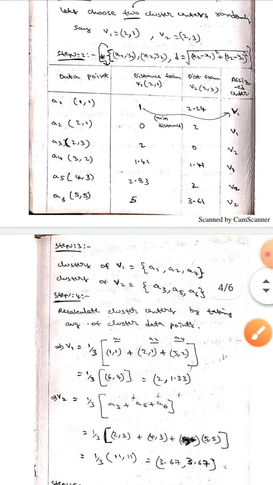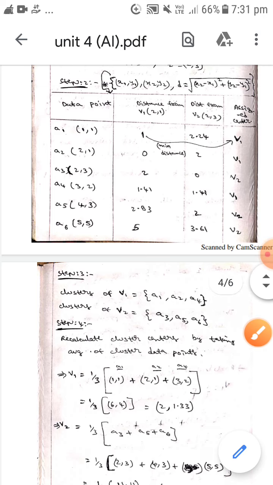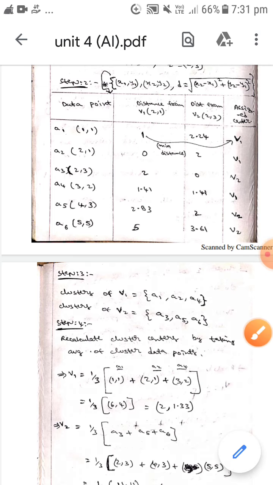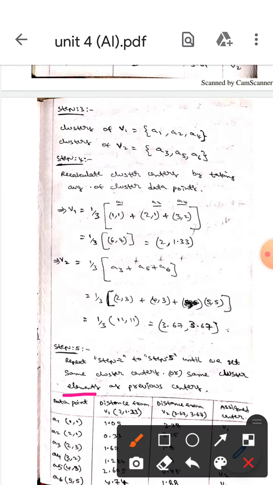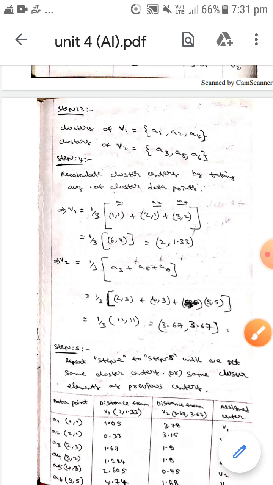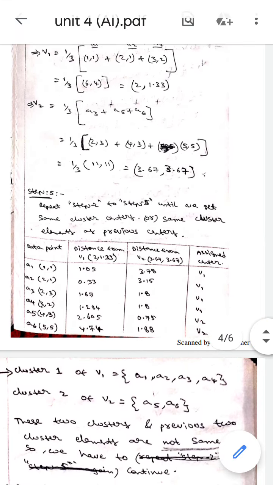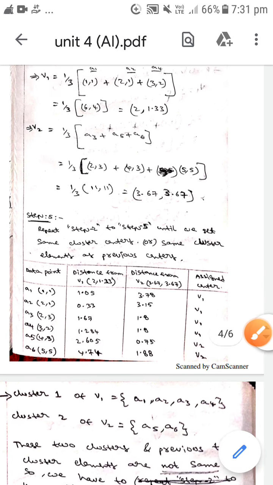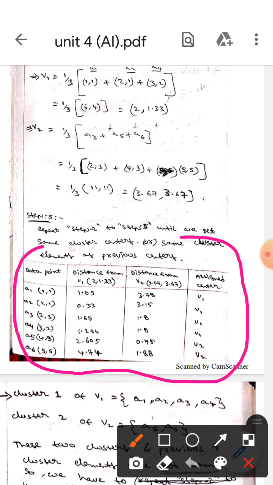Now we should repeat all these steps from step 2, until we get the same cluster elements or cluster centers. We will write the table form again.